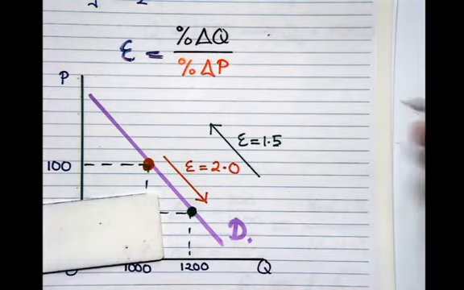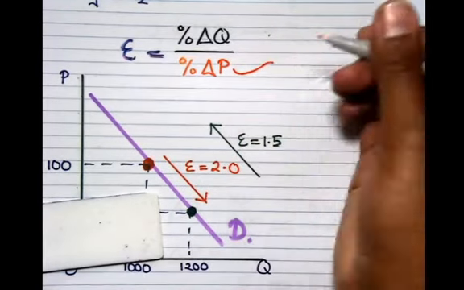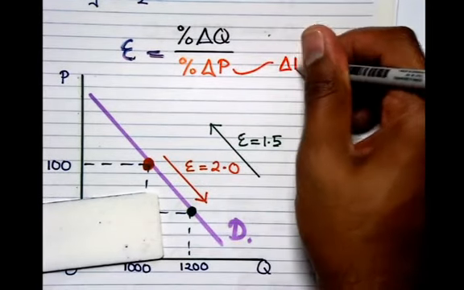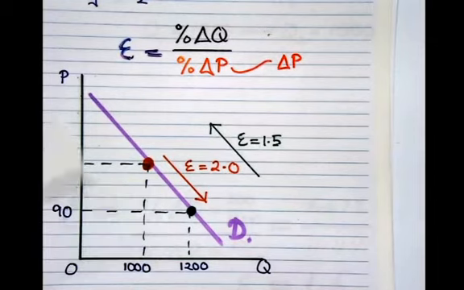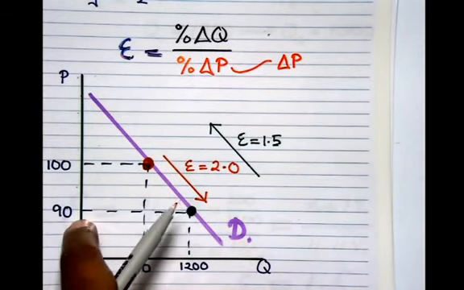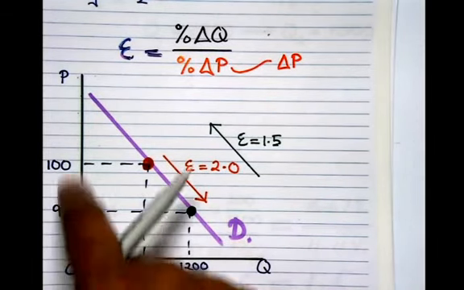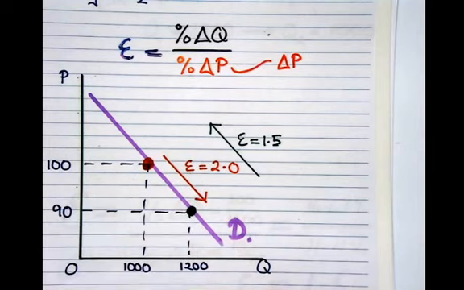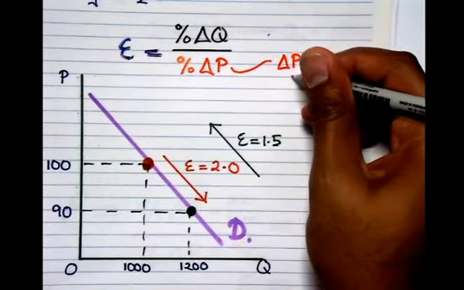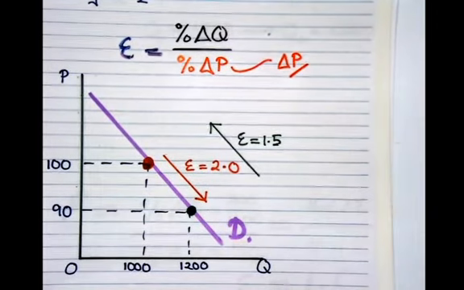Now, $10 divided by 100 is 10%. $10 divided by 90 is 11.11%. We can solve this problem by neither dividing by 100 nor dividing by 90.